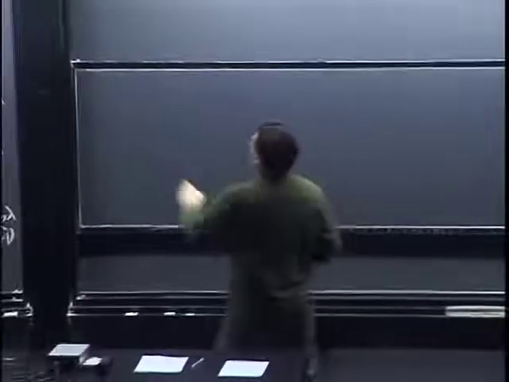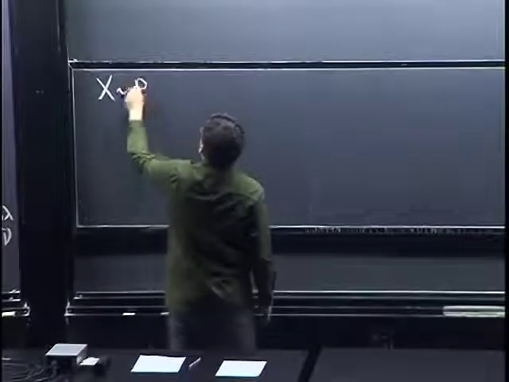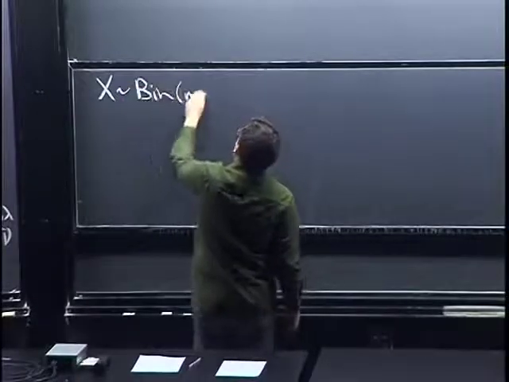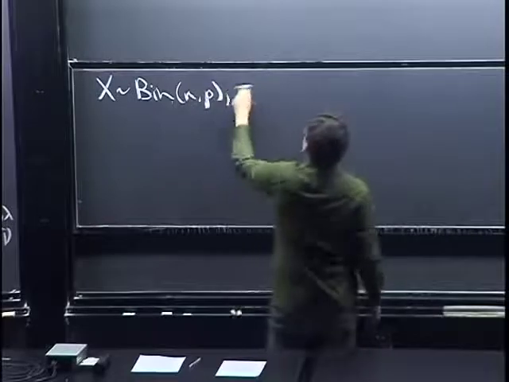The annoying but direct way: we want the variance of a binomial.